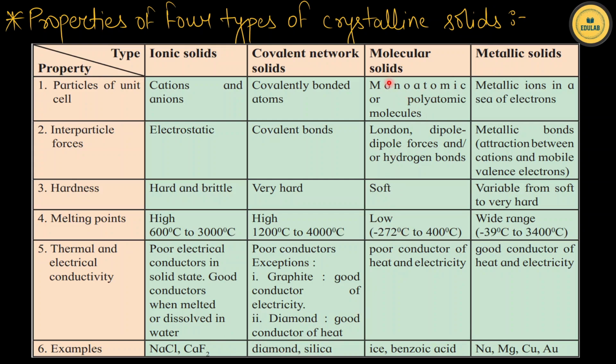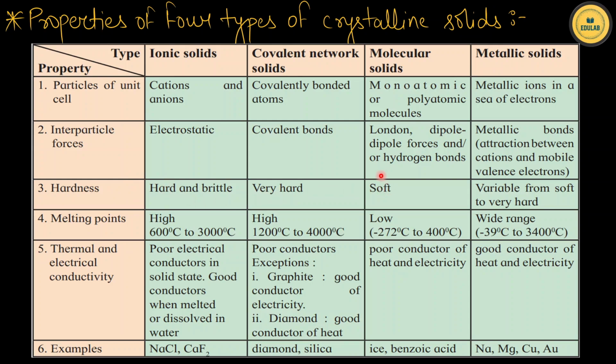Next one is molecular solid. Particles of a unit cell of a molecular solid are monoatomic or polyatomic molecules. Interparticle forces of molecular solids are London dispersion, dipole forces, and hydrogen bonds. And next one is hardness.